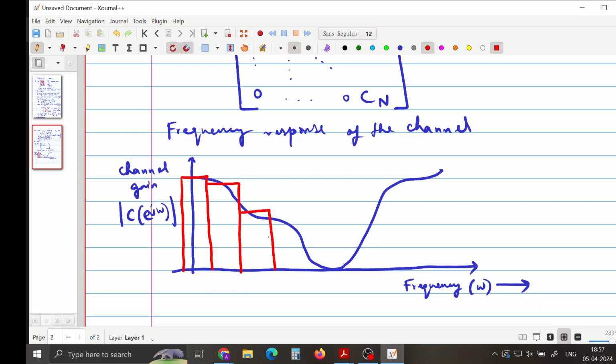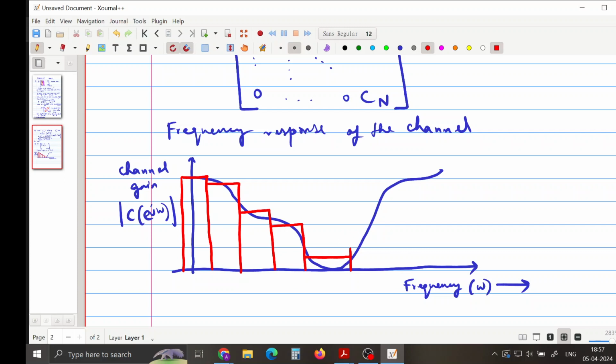Another subchannel, and this is another subchannel. And this particular subchannel that I drew just now is the ith subchannel, which actually witnesses a zero gain, you see.